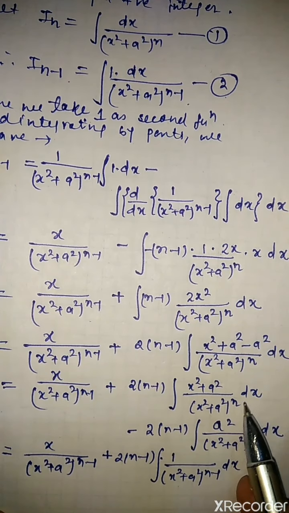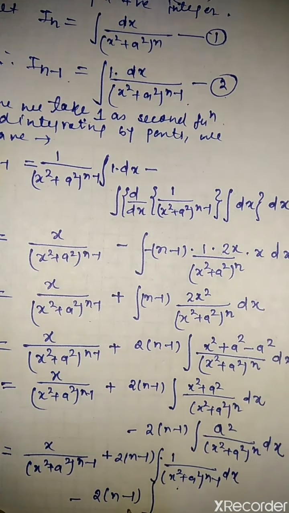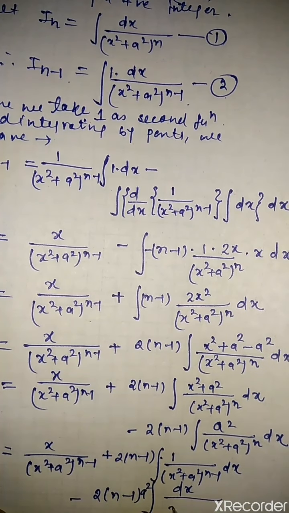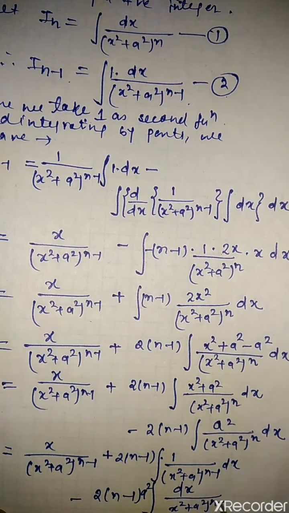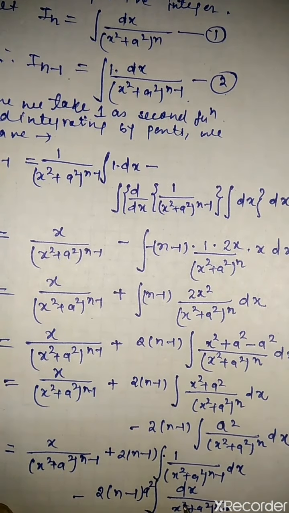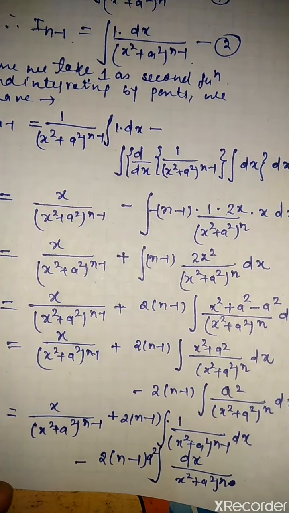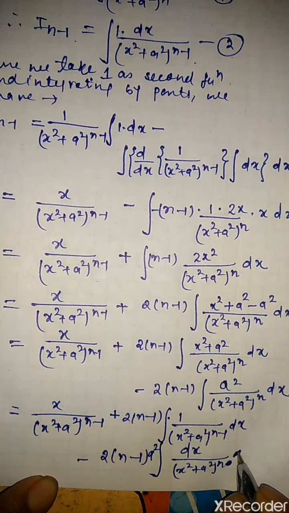Why? Because here we have n, and then we have minus 2 times n minus 1 integration of a square is taken outside, so dx divided by x square plus a square to the power n, sorry, here we have this one to the power n, and then dx.